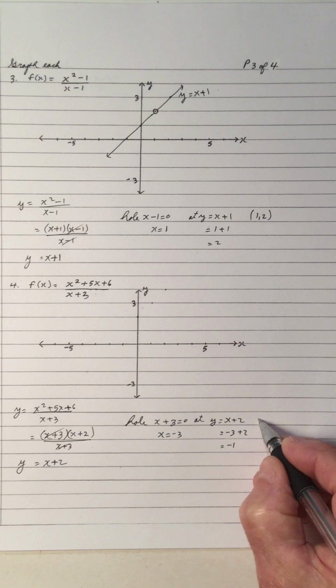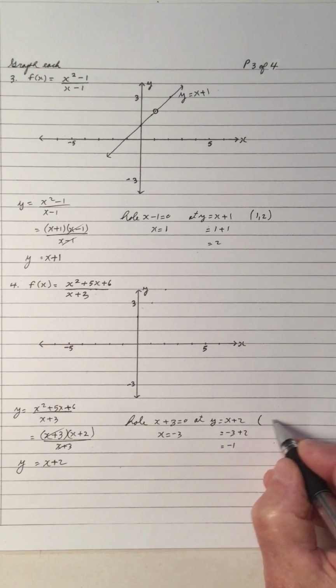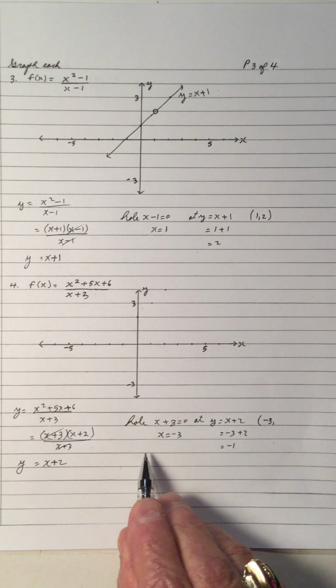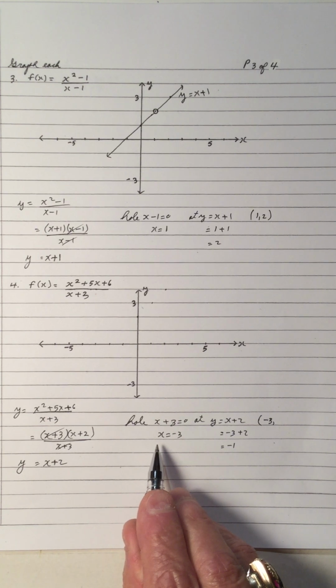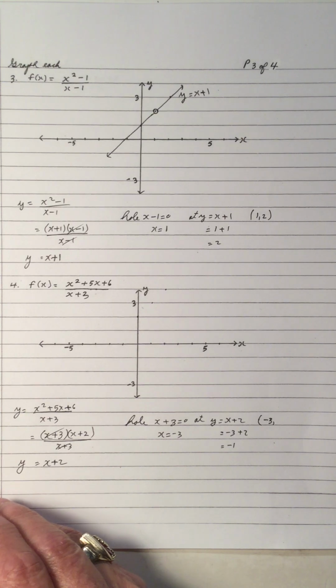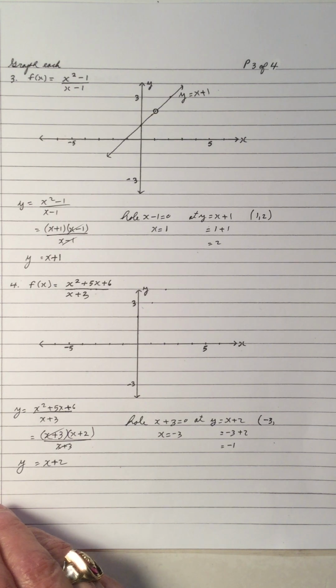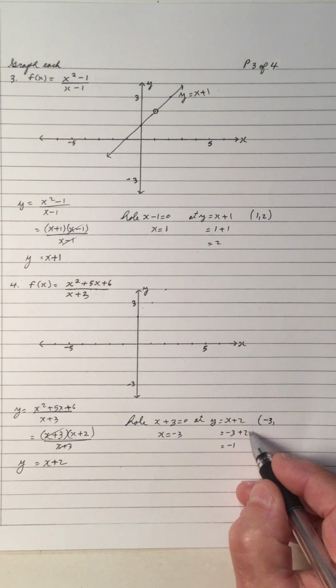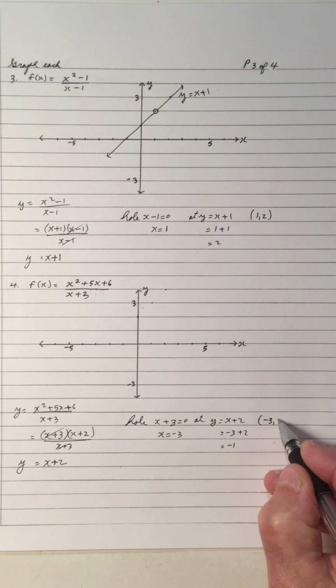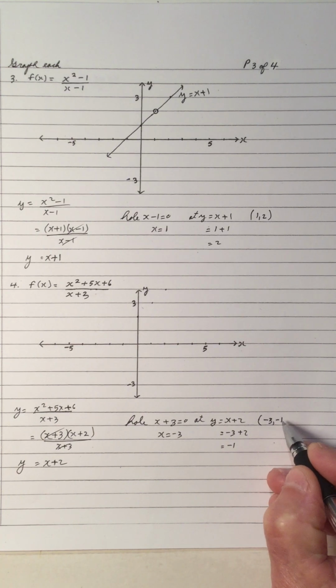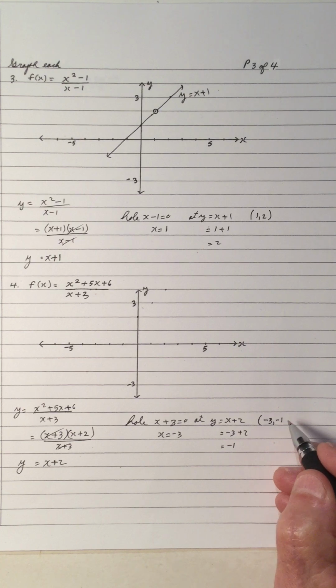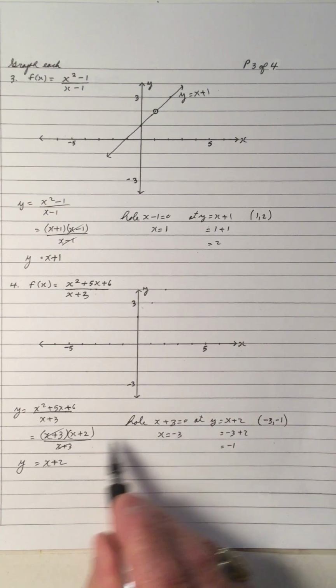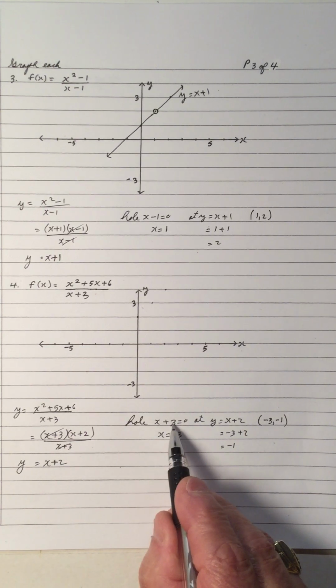So the hole is at x is -3, y is -1, so at (-3, -1).